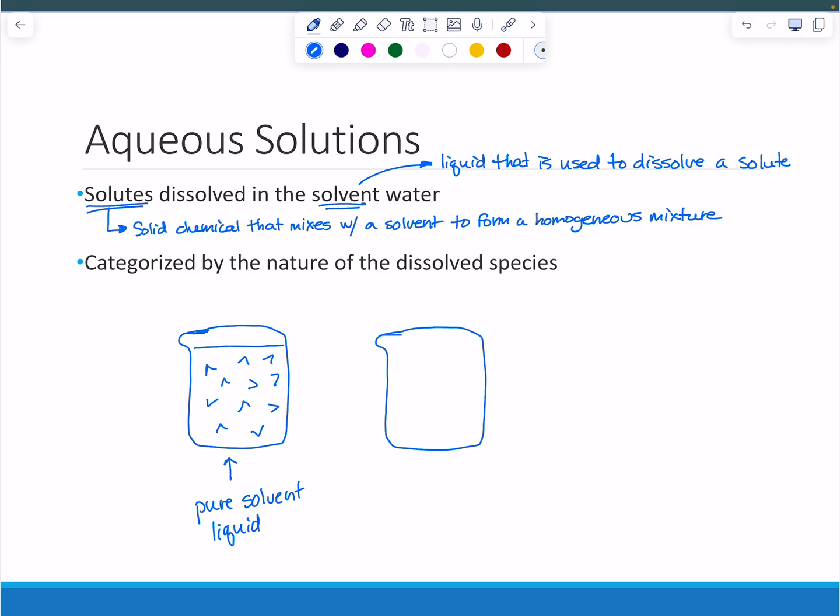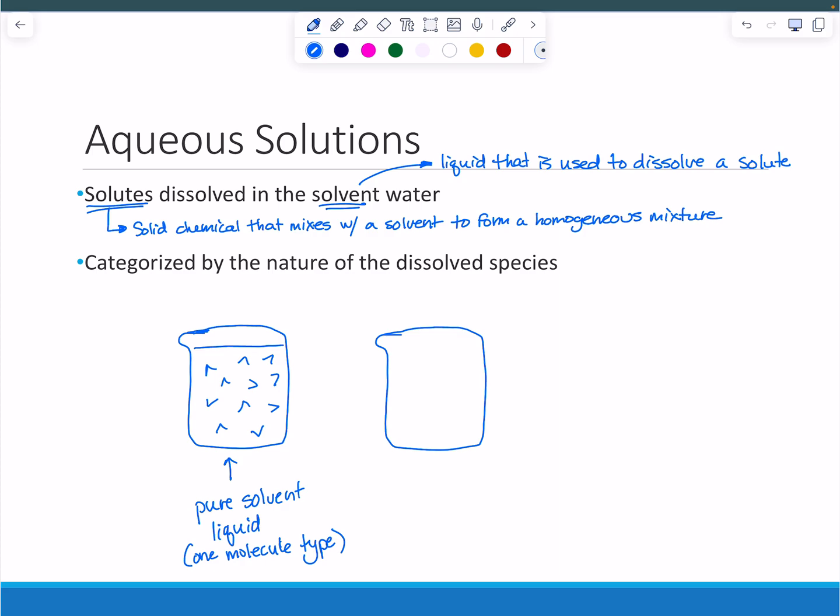So vodka is a mixture of two solvents, ethanol and water. So you can have two liquids that mix, and they're both considered solvents. But in the case of the aqueous solutions that we are talking about, we are going to have a pure solvent where we only have one molecule type. So we could have a mixed solvent where we have two liquids that mix together.